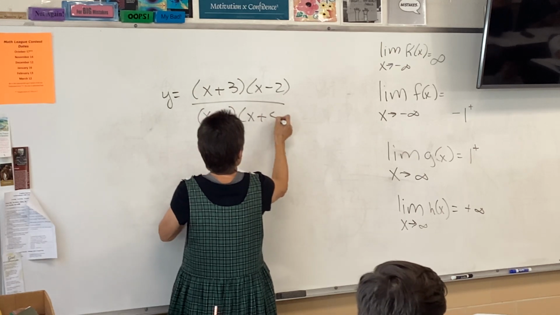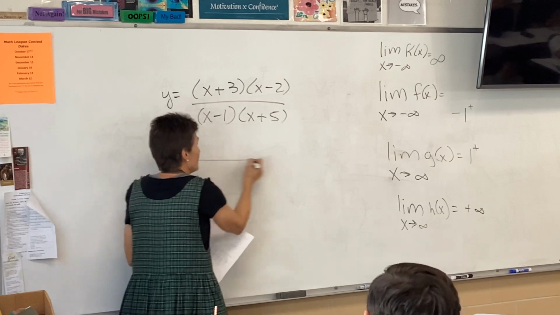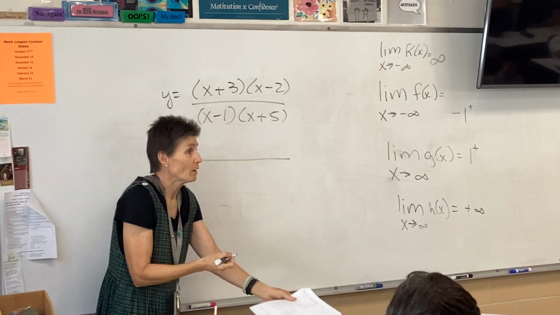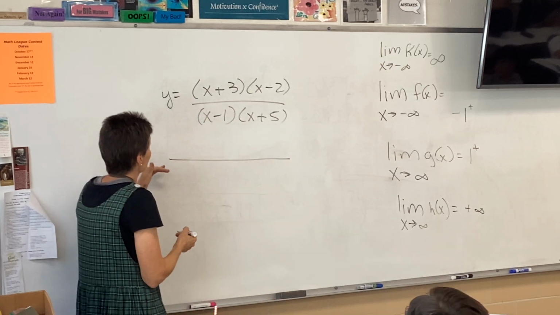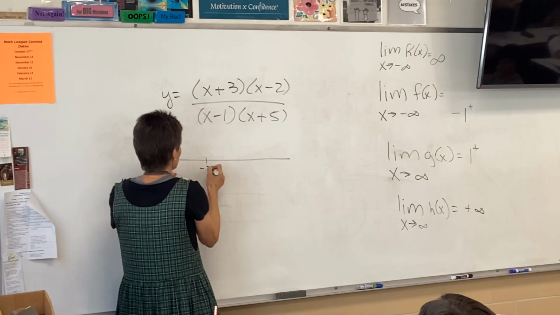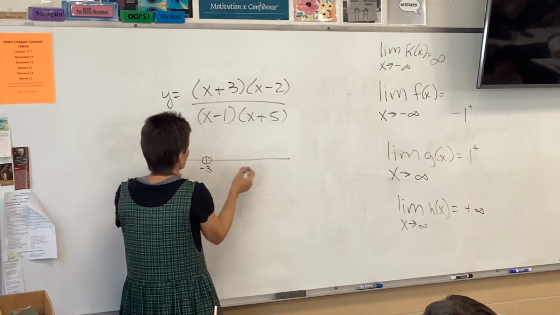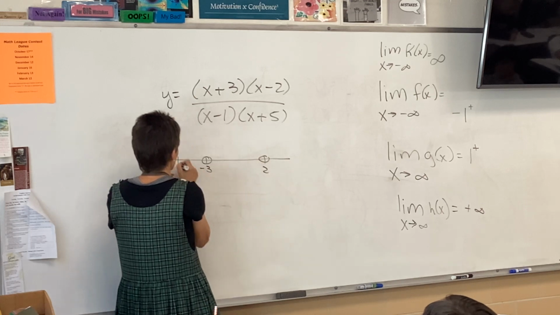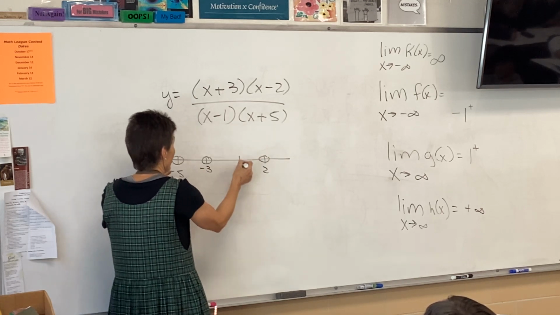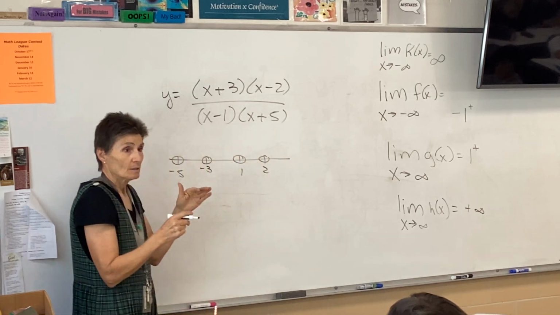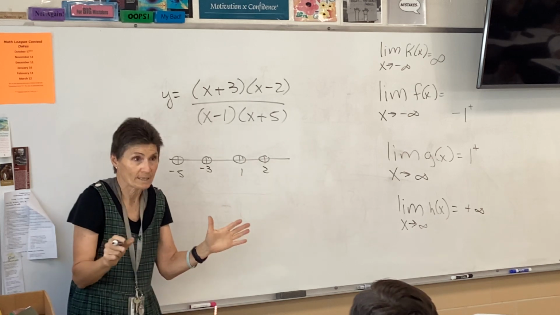And we said, let's say this was an inequality and we were gonna put dots on the number line. Where would the dots go on the number line? Negative 3, 2, negative 5, and positive 1, right? All those are important points.